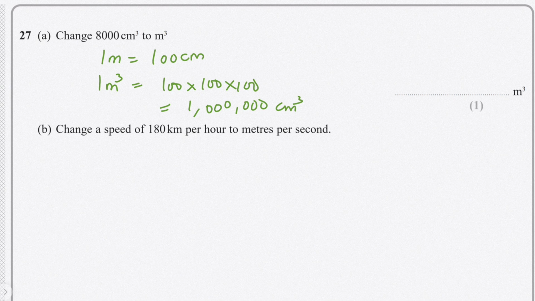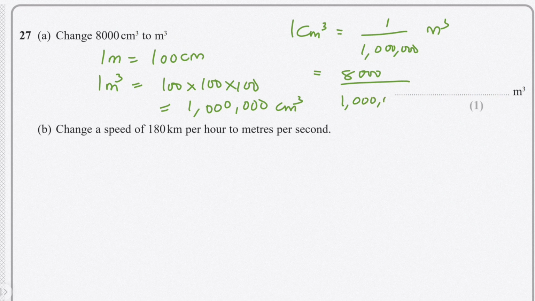That makes 1 centimeter cube in meter cube equal to 1 over 1 million meter cube. So 8,000 centimeter cube is 8,000 divided by 1 million, which equals 8 over 1,000, which is 0.008 meter cube.